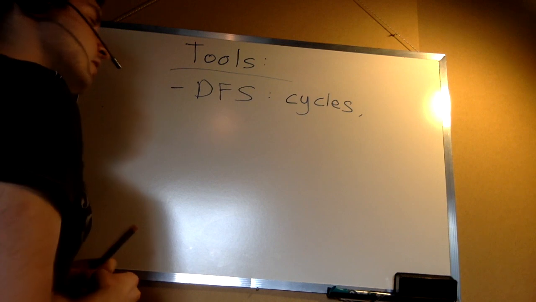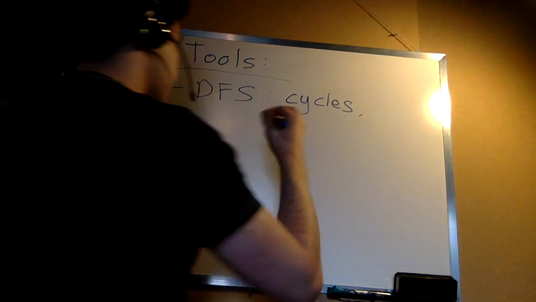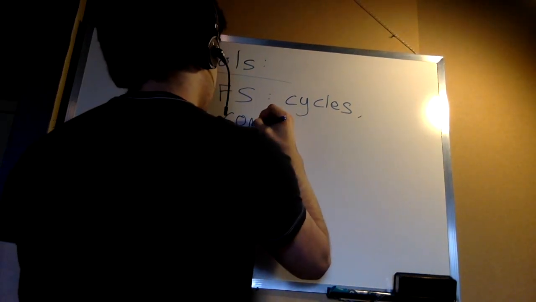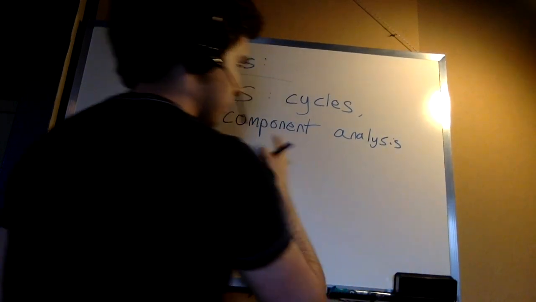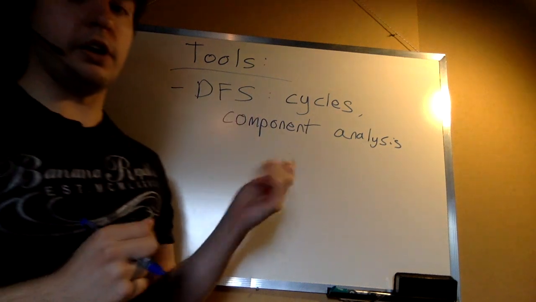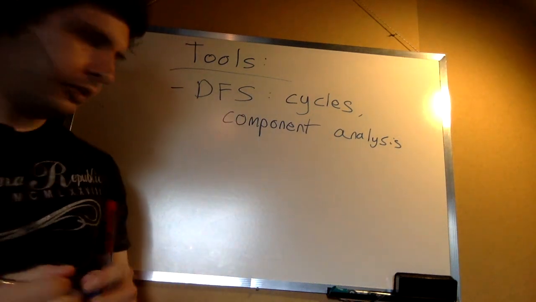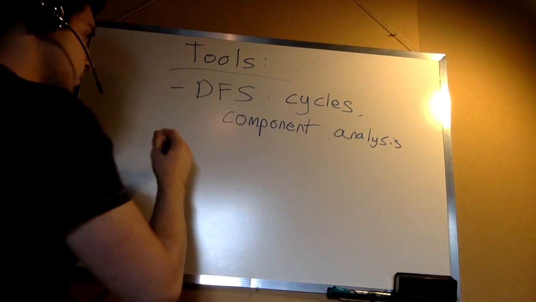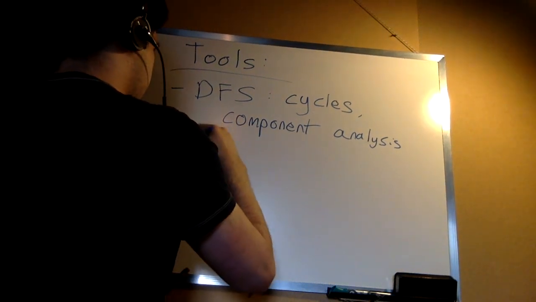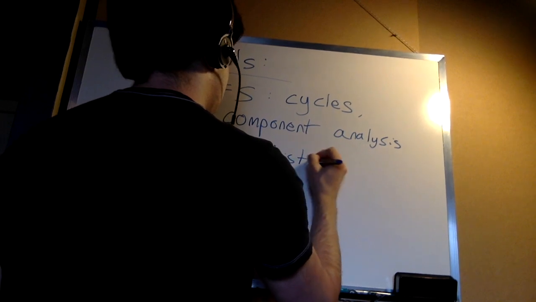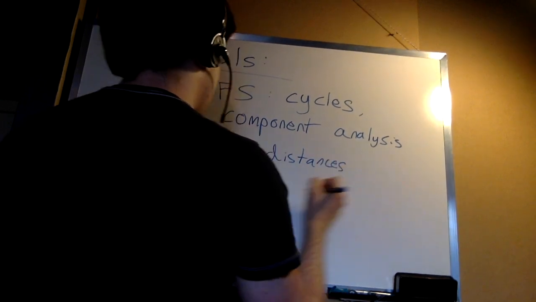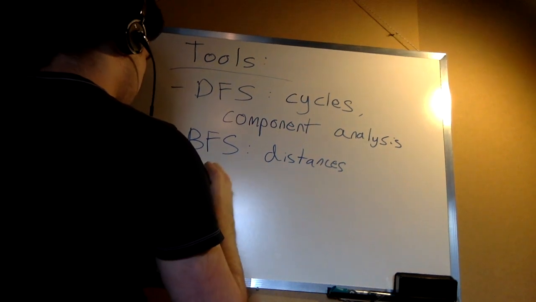What else is it good for? Oh yeah, component analysis, seeing if there are multiple components or where the articulation vertices are, if there are some. We have BFS, which is good for finding distances. We have topological sort.